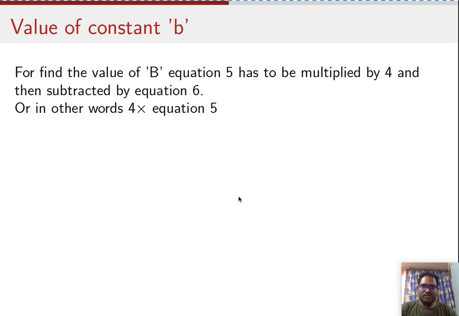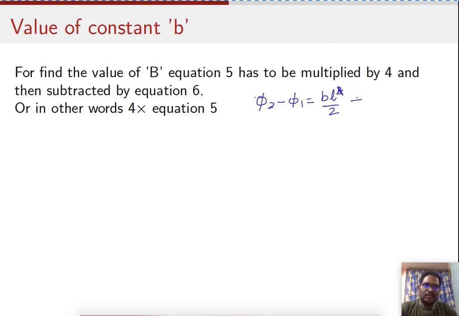So the same procedure is going to be repeated, but the only difference is here we are going to find out what is the value of constant B. So as we know, phi 2 minus phi 1 is equal to BL by 2, and then plus CL square by 4.